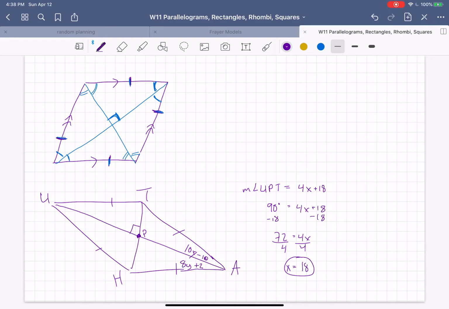So that means this angle is perfectly cut in half by that diagonal. So that means 10y minus 10 is the same size as the other side, which is 8y plus 2.